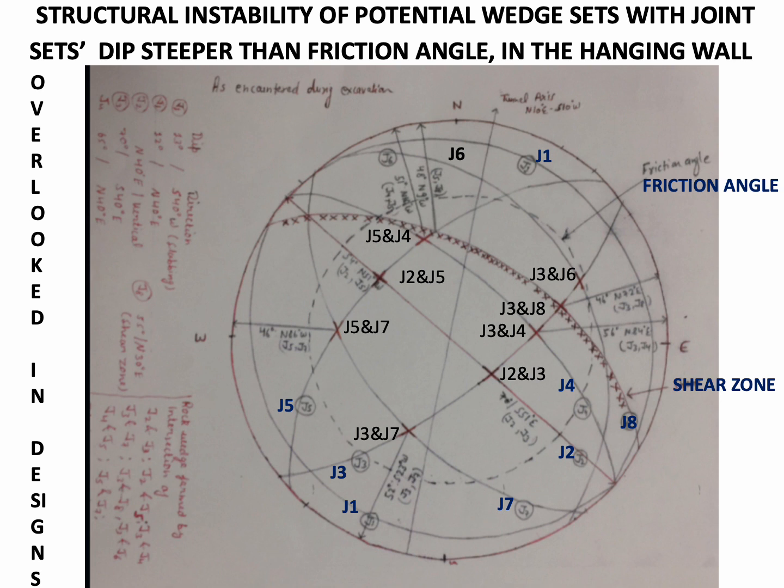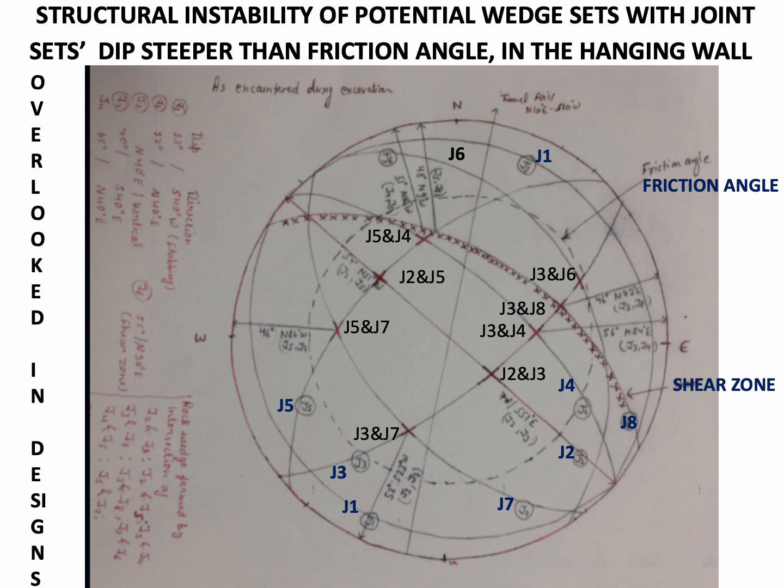The 8 types of sets of wedges formed out of the intersection of vertical and subvertical joint sets, which were actually present, were made out of intersection of joints J2 and J3, J3 and J7, J5 and J7, J2 and J5, J5 and J4, J3 and J8, that is shear, J3 and J4, and J3 and J6. All are very critical and potentially very unstable.